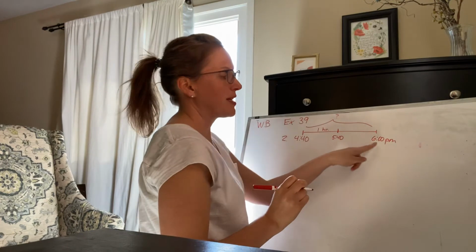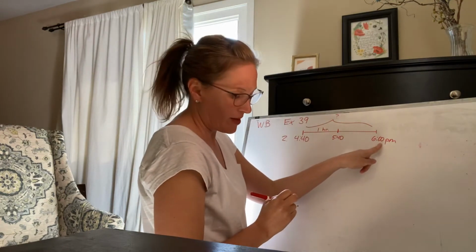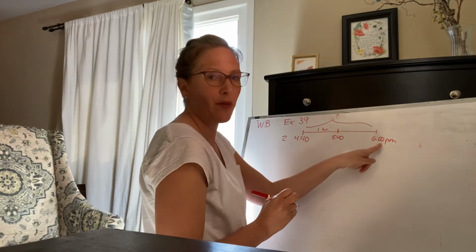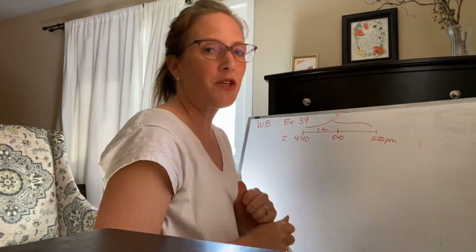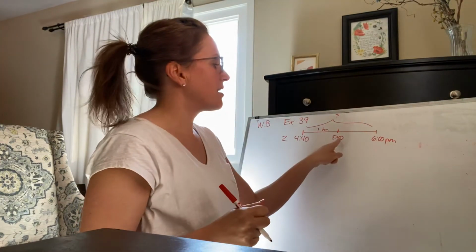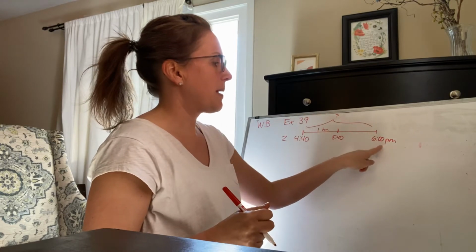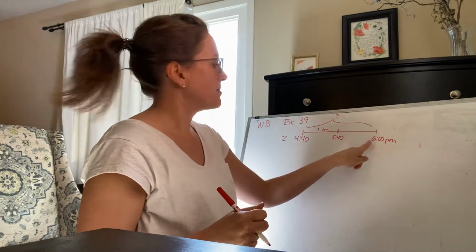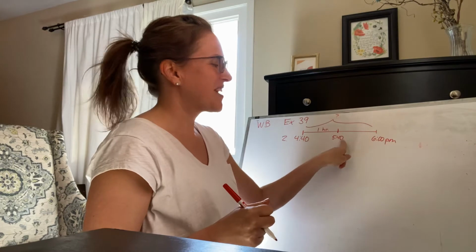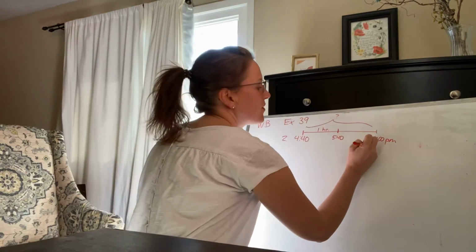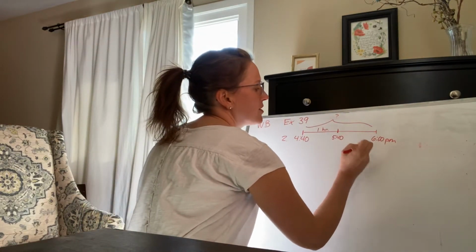But 5:40 to 6, is that 1 hour? No. Look at a clock if you need to, but if you also know that there are 60 minutes in an hour, you can take 40 from 60, or 60 minus 40 to give you, how much?